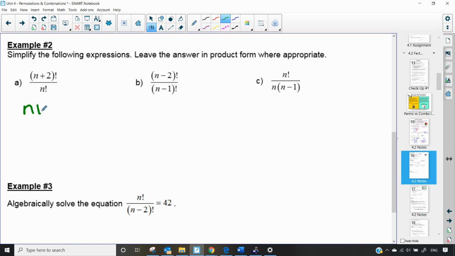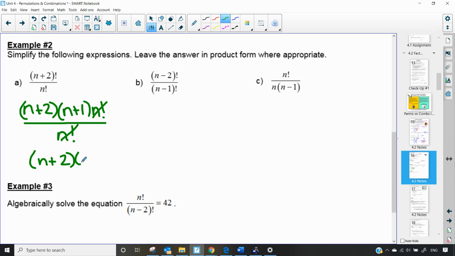So we're going to break down the n plus 2, and we're going to break it down until it matches our denominator. So n plus 2, 1 less is n plus 1, 1 less is n plus 0, which is n factorial. And on the bottom, I've got n factorial. Those can disappear, and that leaves me with n plus 2 times n plus 1. Now, you certainly can multiply this out, but for the purposes of this question, we're just going to leave everything in product form.